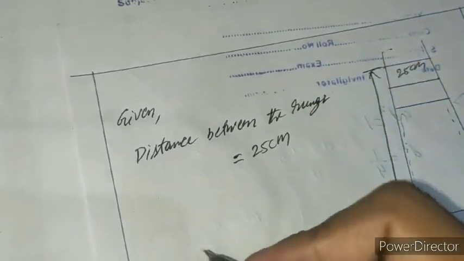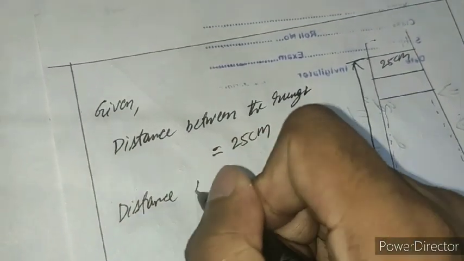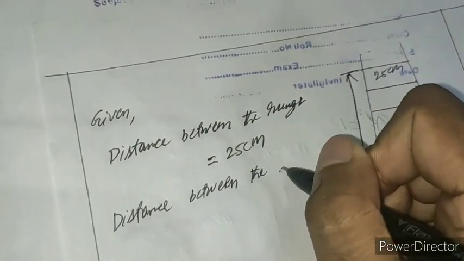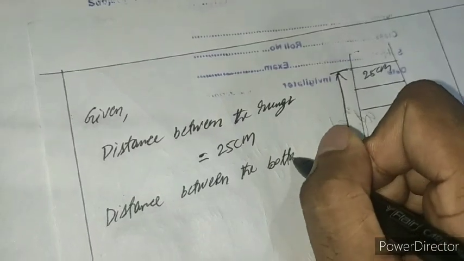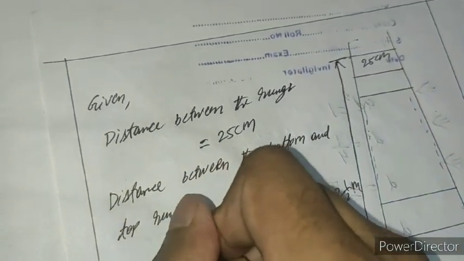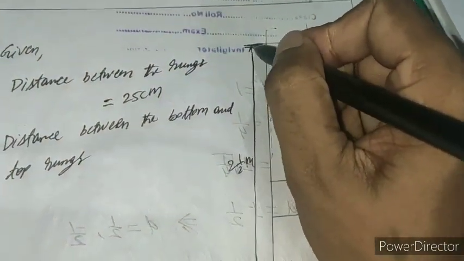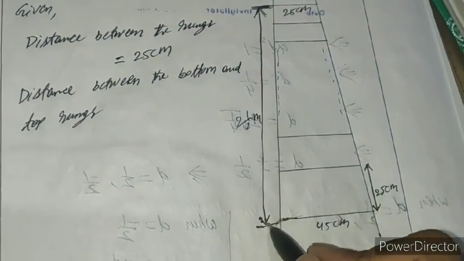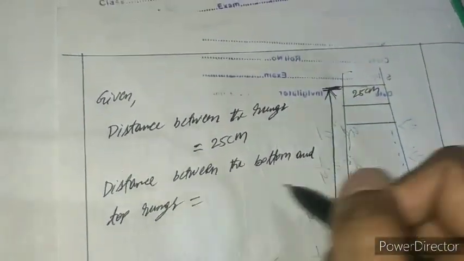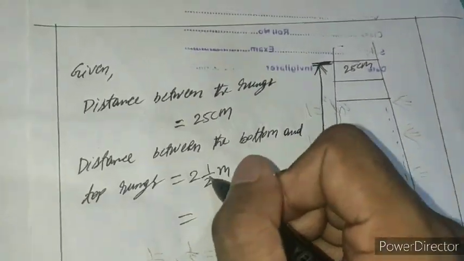Okay, now the distance between the bottom and top rungs. This one is the bottom rung and this one is the top rung. How much is it? 1/2 meter, that is 2 into 4 plus 1, 5.